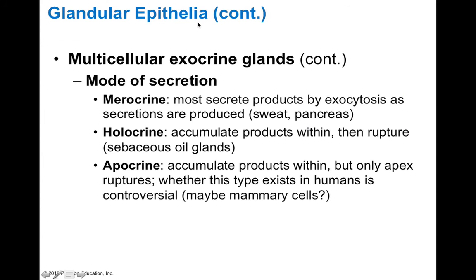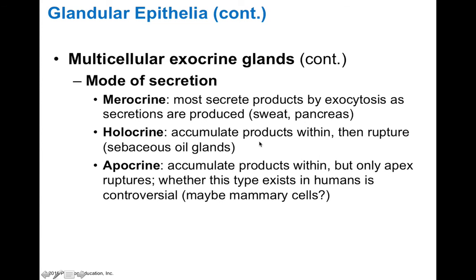Now, glandular epithelia can also be multicellular exocrine glands that can have different secretions, like merocrine, holocrine, or apocrine secretions. Merocrine secretions are where the secretory products are released through exocytosis. So you find this in things like sweat or pancreatic secretions.